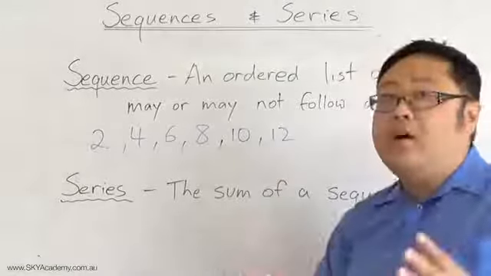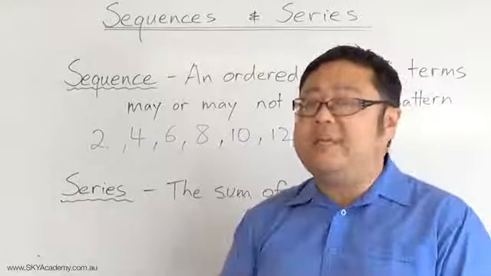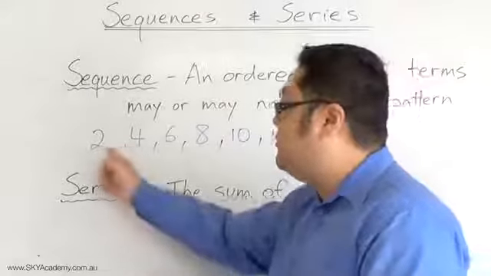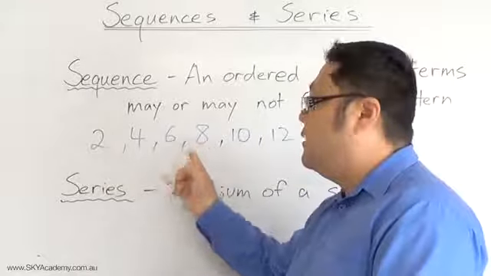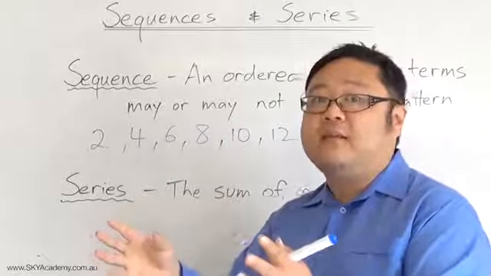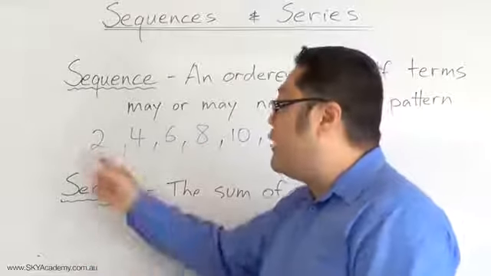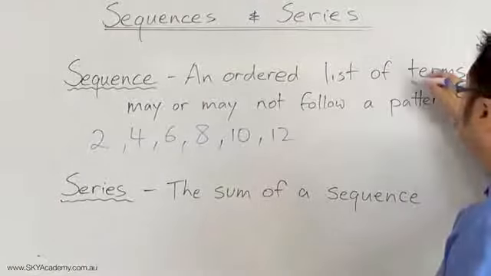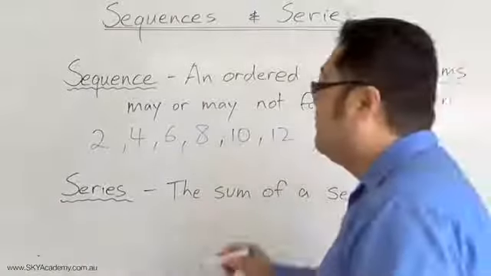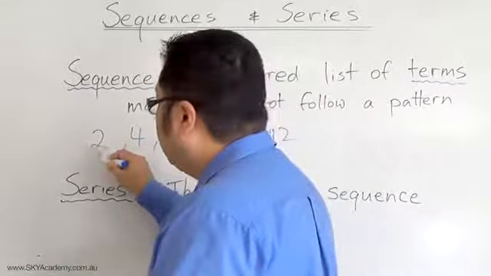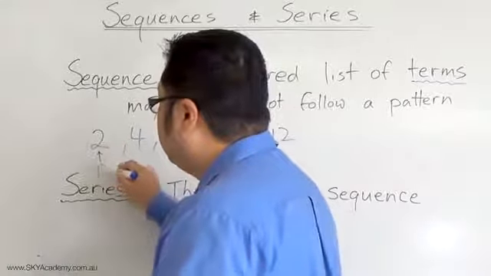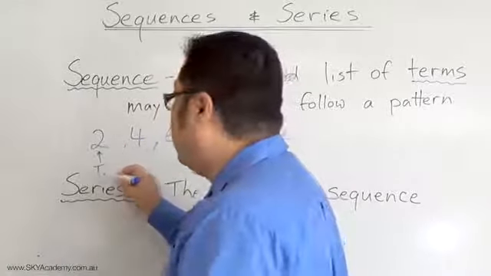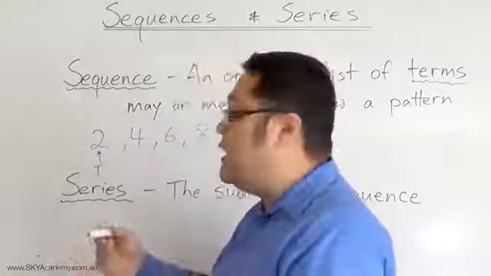Now let me go on a little bit of a tangent here. Each of these numbers is part of the list, and they're called terms. So each term can be denoted by the letter T and the order that it is in that sequence.